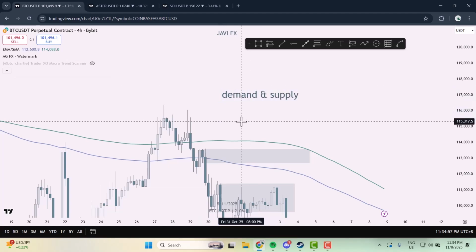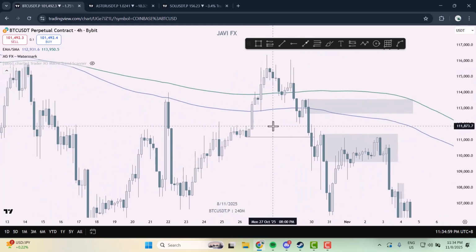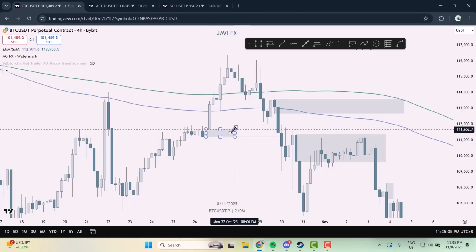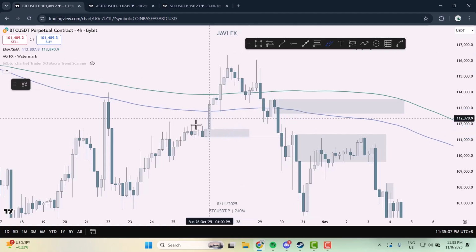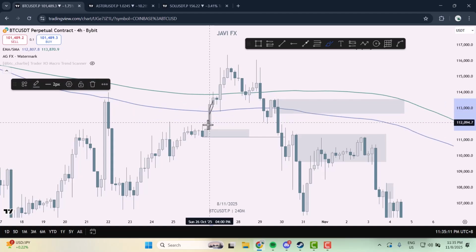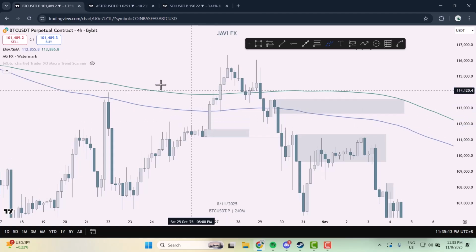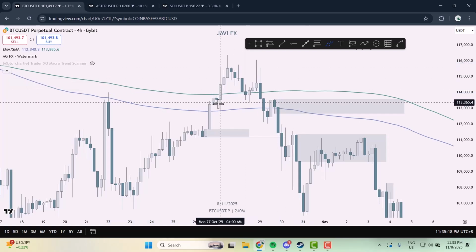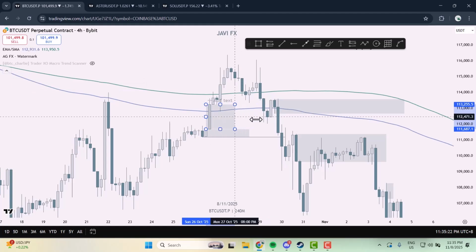So demand zone, let's use this one as an example. A demand zone is basically the last candle before an impulsive move that caused a break of structure. Now, impulsive move means it leaves behind imbalances.